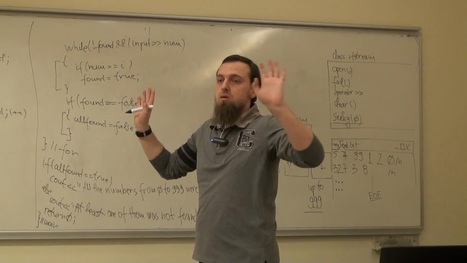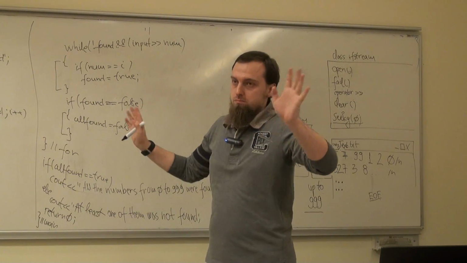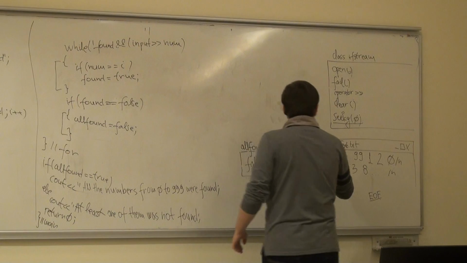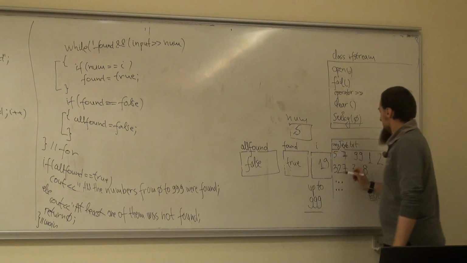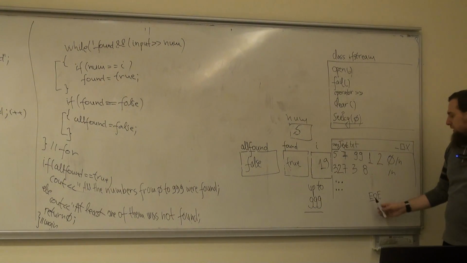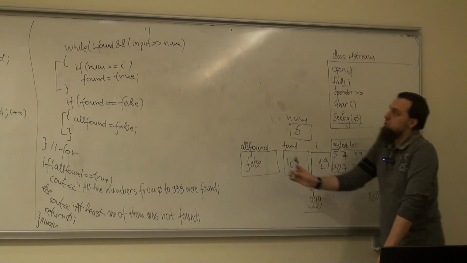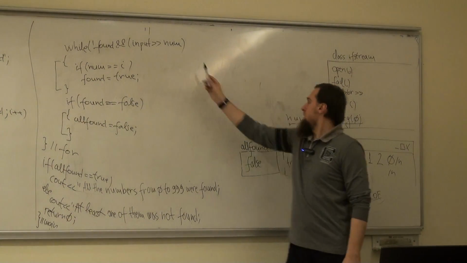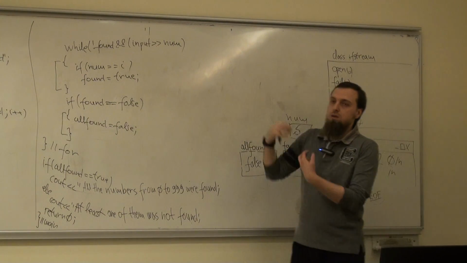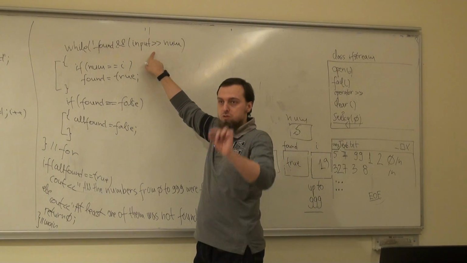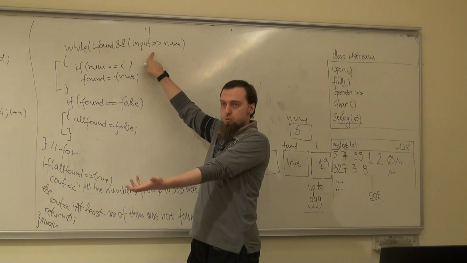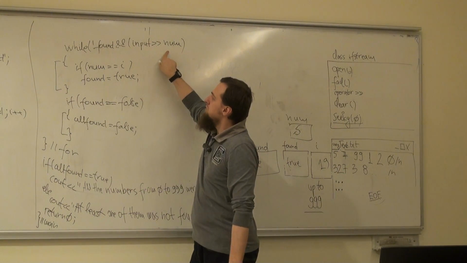Let's say that I don't find 19. For instance, if I don't find 19, then I'm taking data, it's not found, and I come to the end. And I cannot take more data. So this input num will fail, because I came to the end and there's nothing to read anymore, so this will be false.